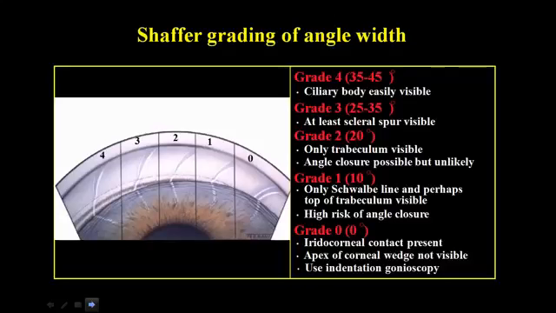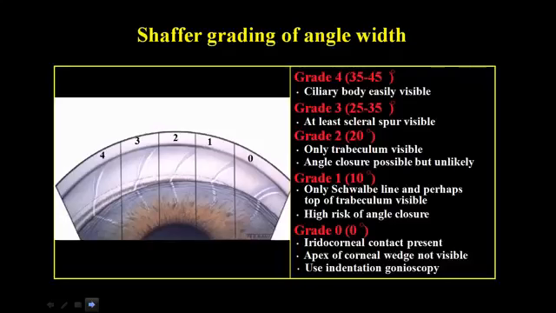If we say it's grade 2, it means that we can see the trabecular meshwork. And if we say it's grade 3, it means the scleral spur is visible. And if we say it's grade 4, it means all four structures are visible and we can easily see the ciliary body. When it's grade 0, 1 or 2, then it's narrow angle glaucoma, and if it's grade 3 or 4, it's open angle glaucoma.